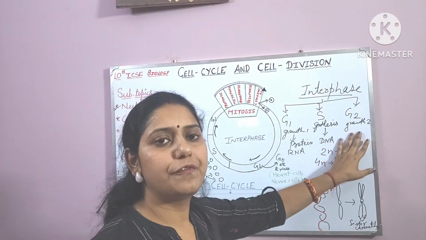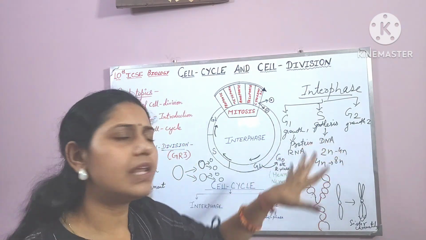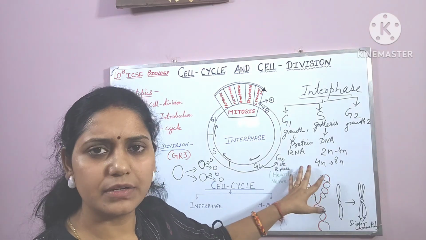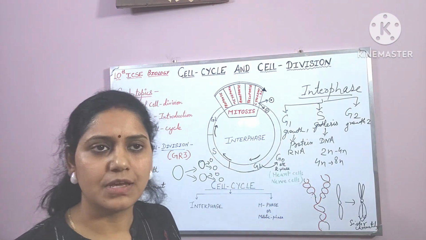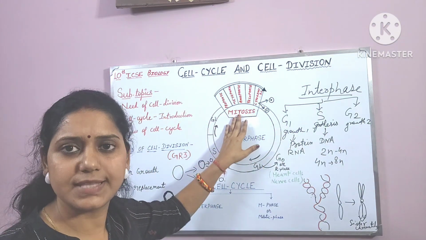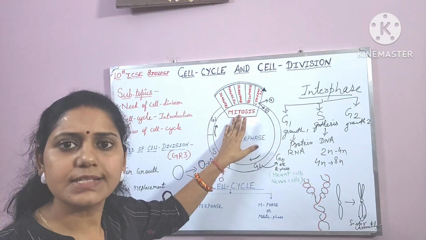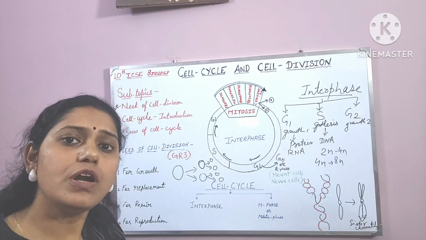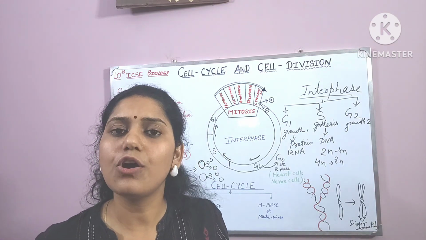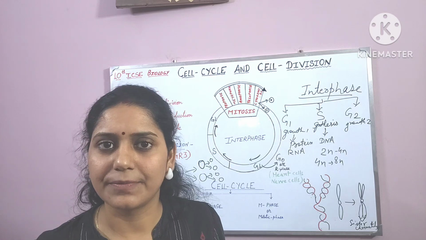Coming to G2 phase. Now in S phase, almost everything is done. But further, whatever leftover things, because after G2 phase, a cell will enter M phase, that is mitosis phase, that is division phase. So before division, the cell should check everything, whether everything is ready or not. A final check, okay?